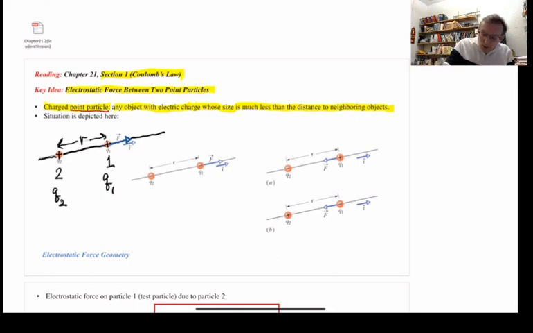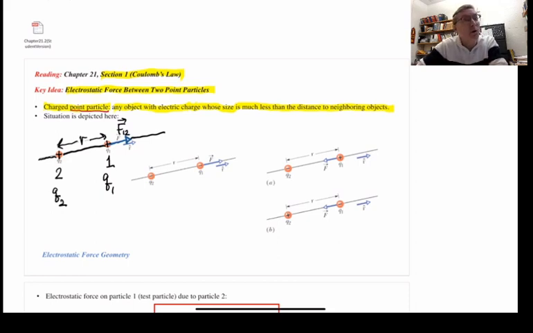And we're going to denote that force F12, force on 1 due to 2. Now, is there a force on 2 due to 1? I think so.